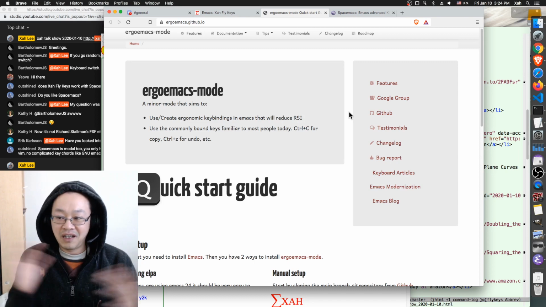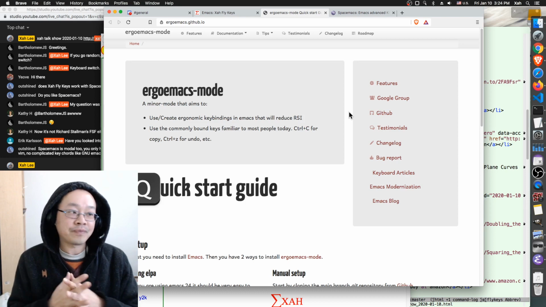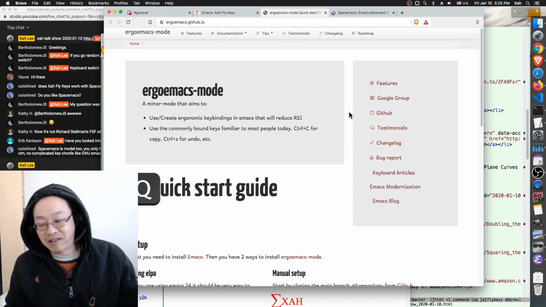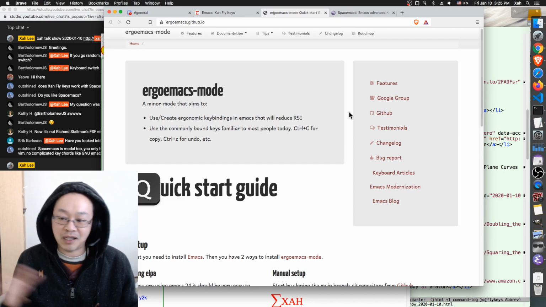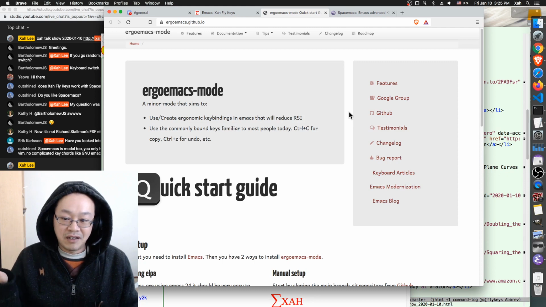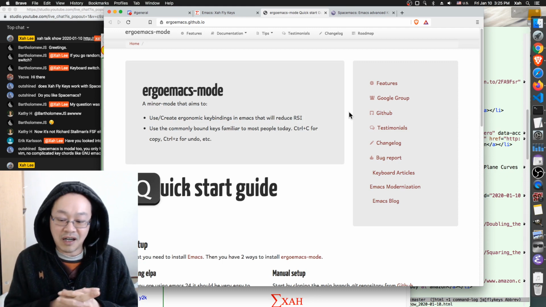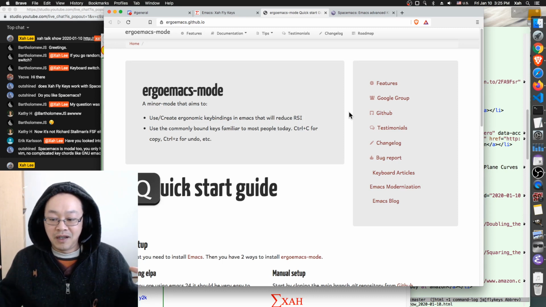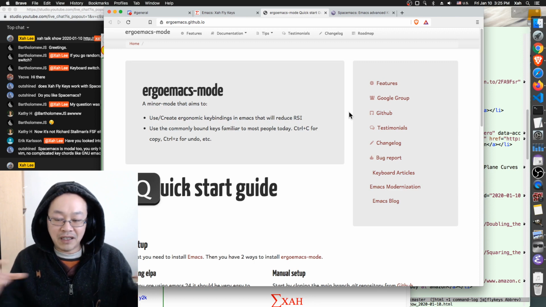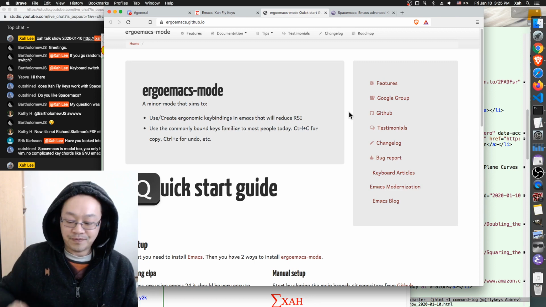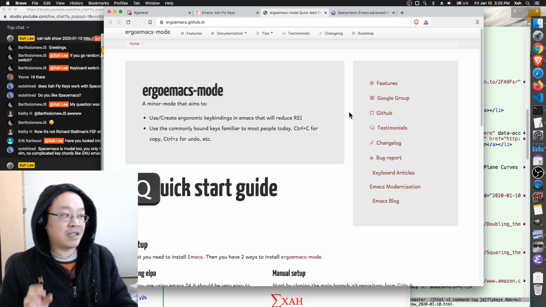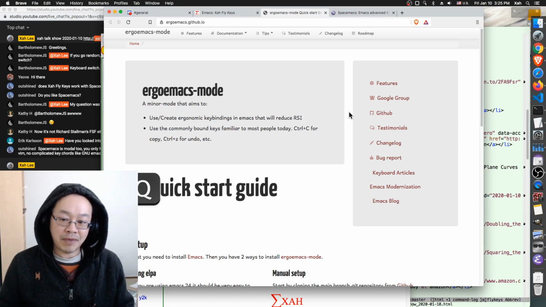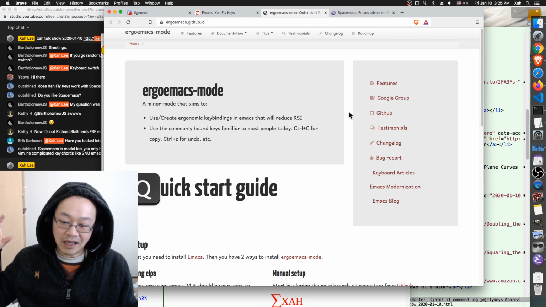He rewrote the entire engine so that the final goal is that when you have ergoemacs on, it just works. Doesn't matter what other major mode or minor mode you have. Because in order to make this work, it's not trivial at all. It's very complex because Emacs does not have a way to provide key binding set priority. So it reads all your other major modes and minor modes, their keys, then tries to remap them.